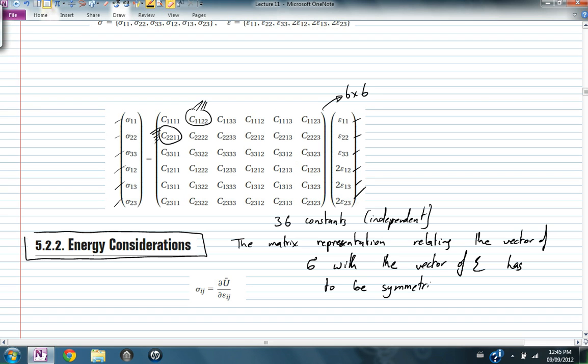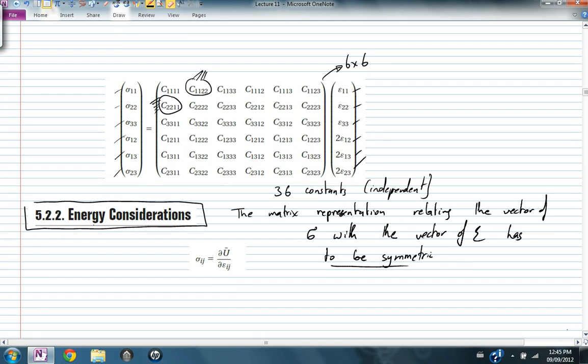Without going into too much detail, for this material to be elastic, that means the following.